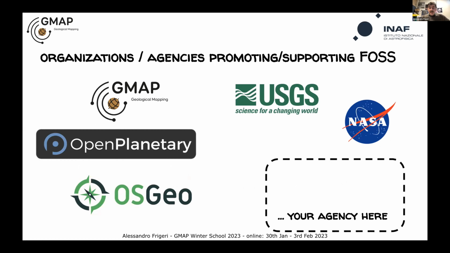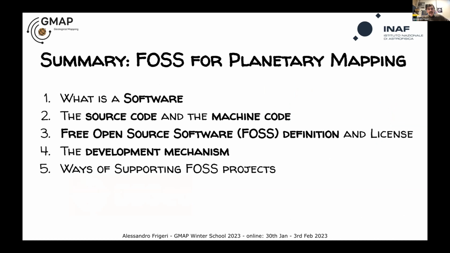OSGeo is a big foundation for geospatial free open source software. And speaking about agencies, USGS pays people who develop free open source software, and NASA also pays the developers. And if you are a space agency, this is the space for you in the near future. You can be listed here as supporting free open source software.